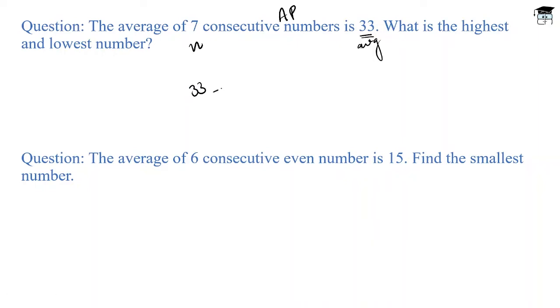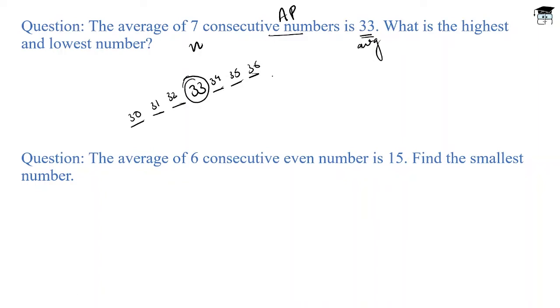So we'll add 3 numbers here and 3 numbers here. The average, 33, is the middle term, and the other numbers are just the consecutive numbers. So the numbers would be 34, 35, 36, 32, 31 and 30.